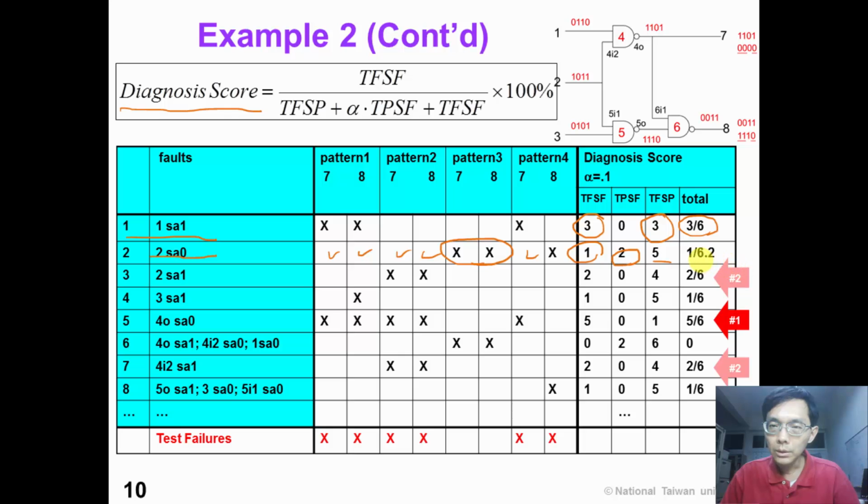So the score is 1/6.2, where alpha is set to 0.1 in the equation. When you compute all the scores for all the faults in the dictionary, 40 stuck at 0, which is here, is ranked as the top 1 fault to be diagnosed, and the other 2 faults are ranked second in the diagnosed fault list.